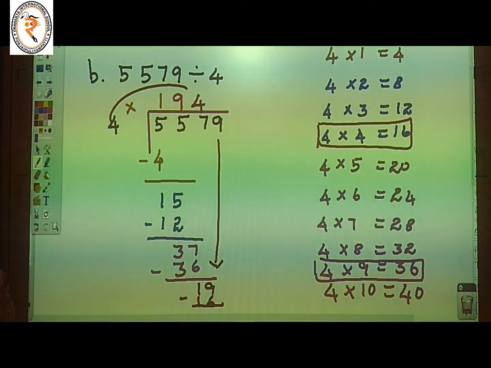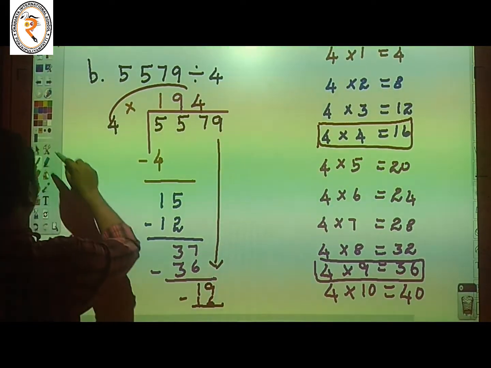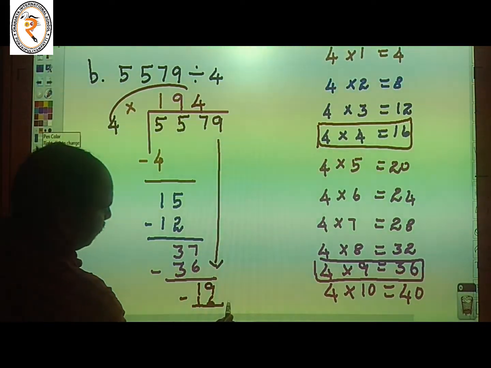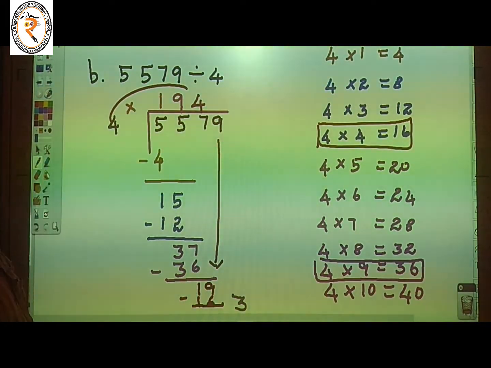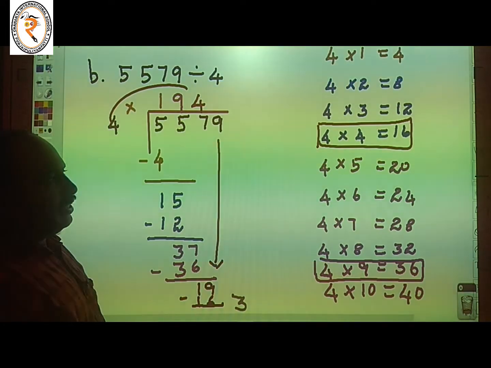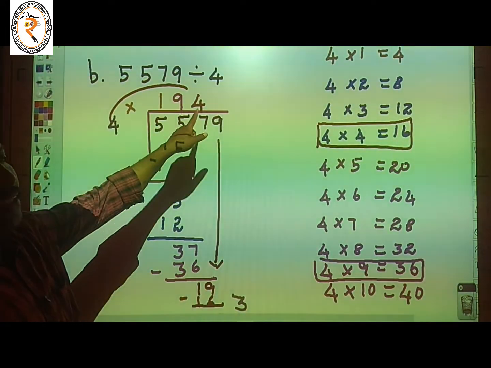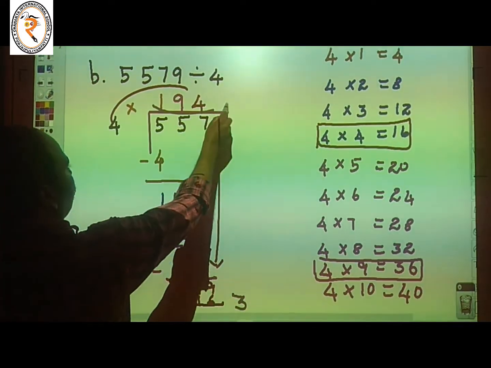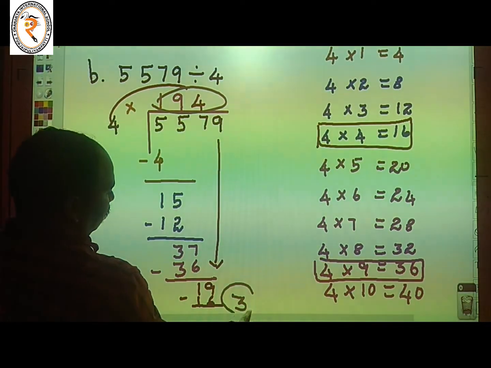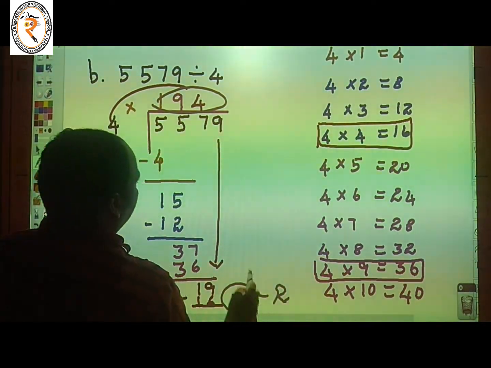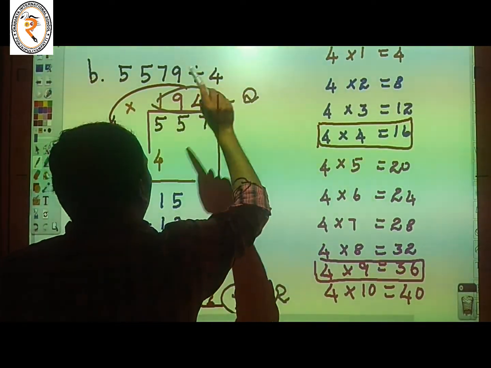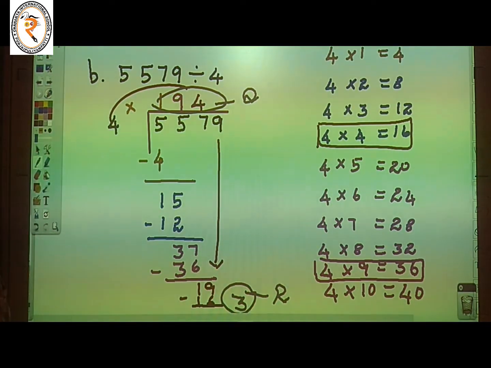Then subtract: 19 minus 16 is equal to 3. So the remainder part is 3 and the quotient part is 194. 3 is the remainder part and Q is equal to 194.